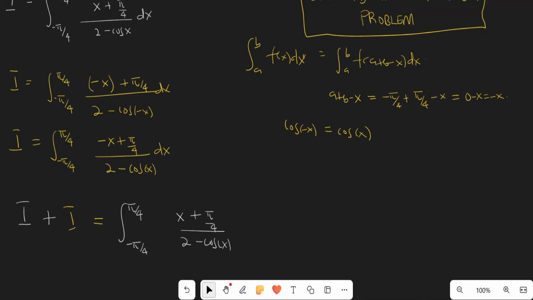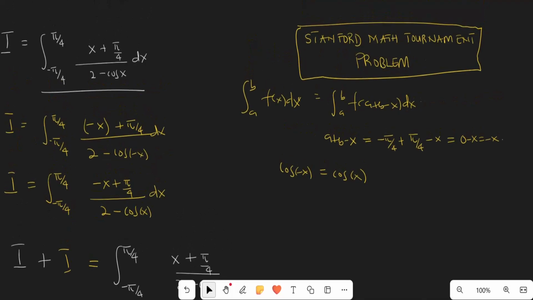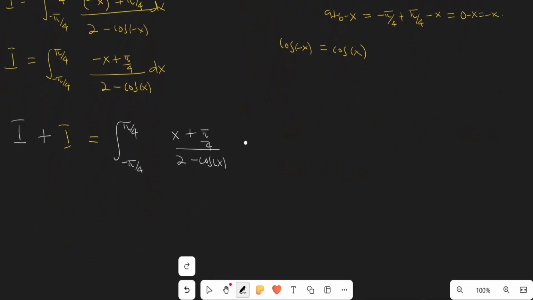Now plus the one that is transformed by the King's property: the integral from negative pi over 4 to positive pi over 4 of negative x plus pi over 4 divided by 2 minus the cosine of x dx.